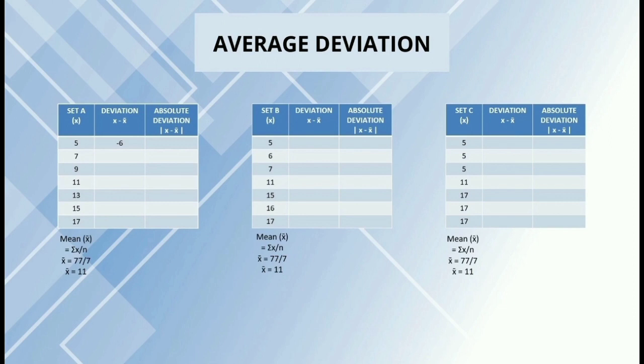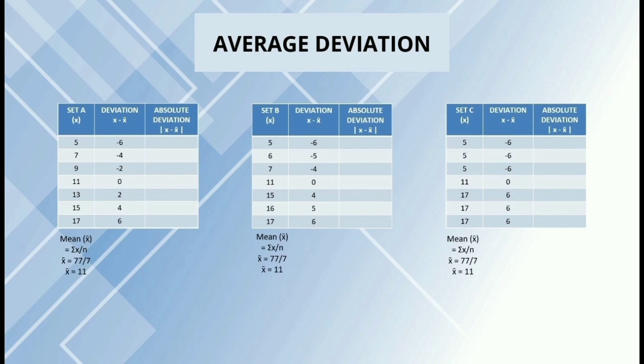We then do the same process for the rest of the data in set A. So we have the deviations of 7, 9, 11, 13, 15, 17 respectively. Now, we have solved all the deviations of the respective values in set A. We do the same procedure for set B and C. That's the second major step of finding the average deviation of set A, B, and C now done.